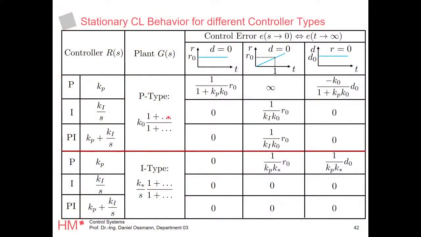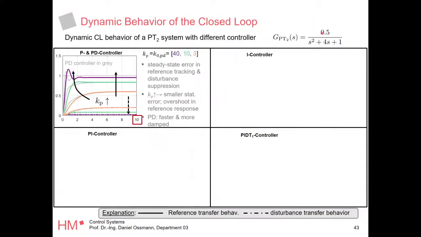So let's start out with our plant. Let's actually write that here, what we are doing. We take this PT2 system, G_PT2, and we close the loop around it with different controllers.